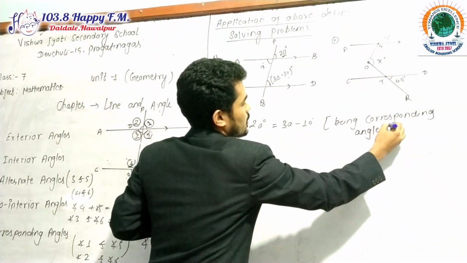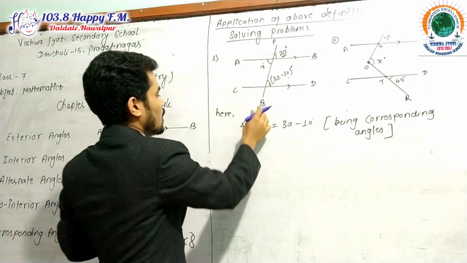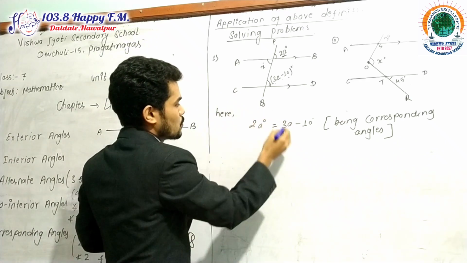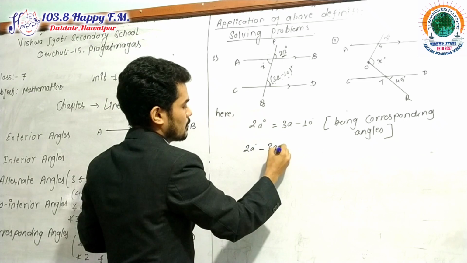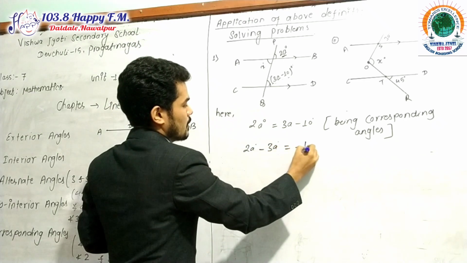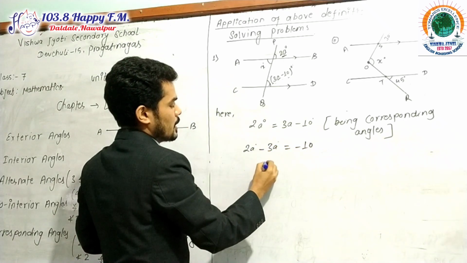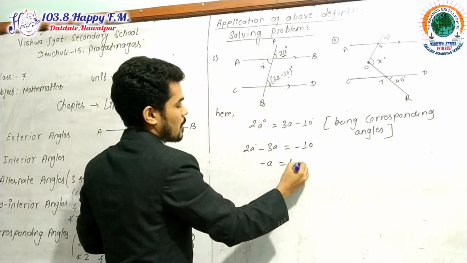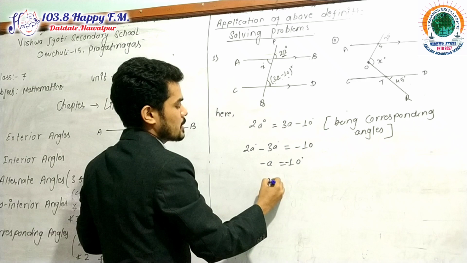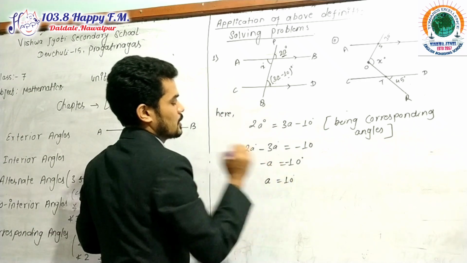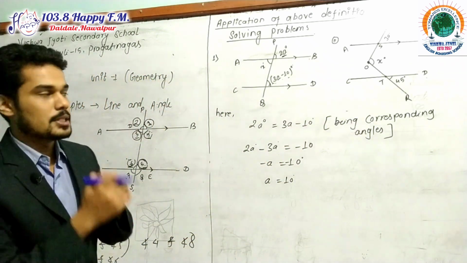Okay, now we can solve the equation. 2a minus 3a is equal to minus 10. 2a minus 3a is minus a, equal to minus 10 degree. So minus and minus cancel out, and a is equal to 10 degree. So the value of a is 10 degree.